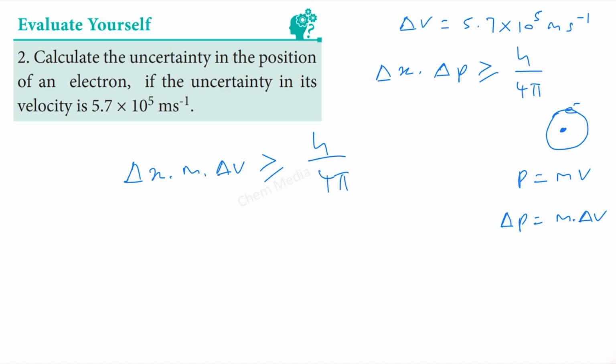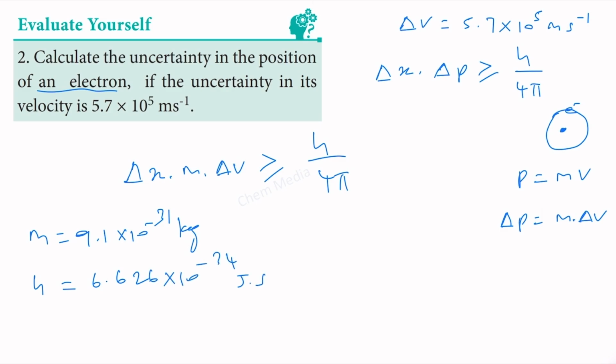Here they have mentioned an electron, and we know that mass of an electron is 9.1 times 10 to the power minus 31 kg. Planck constant value h is equal to 6.626 times 10 to the power minus 34 joule second, and we know that 1 joule is equal to 1 kilogram meter square per second square, and therefore we are going to calculate the delta x here.